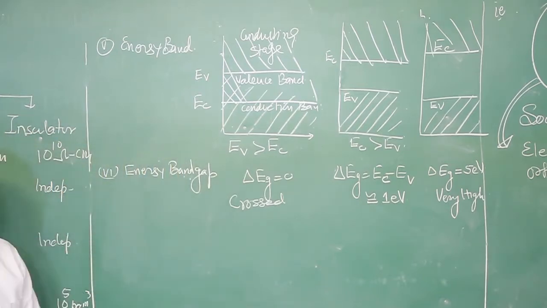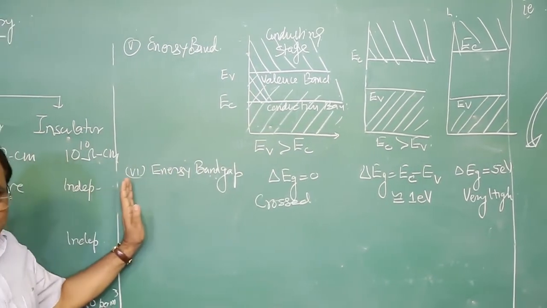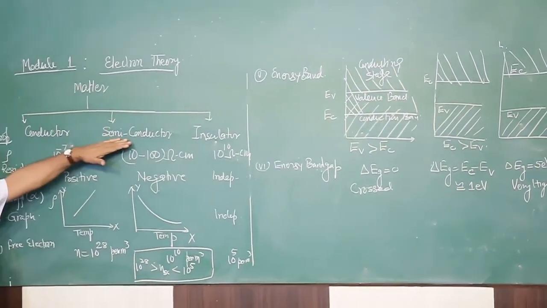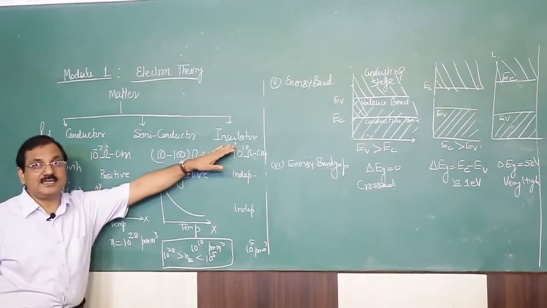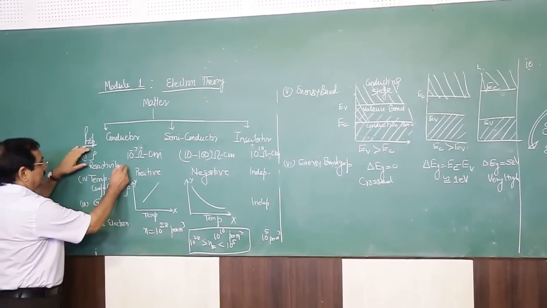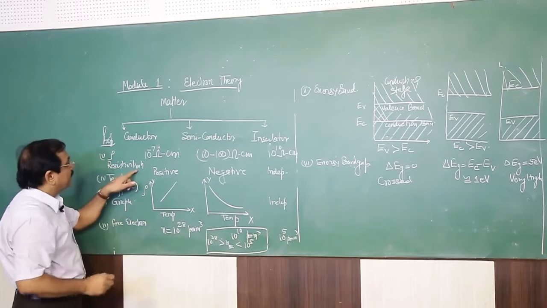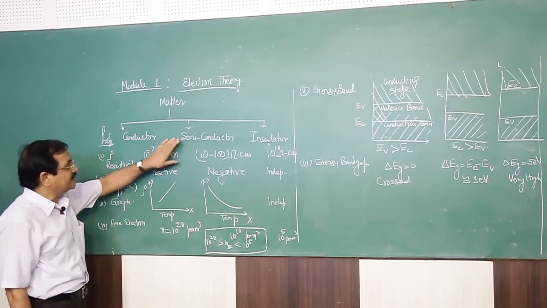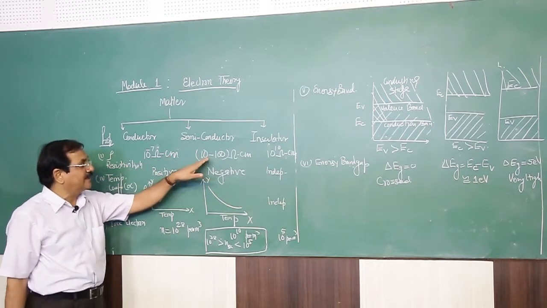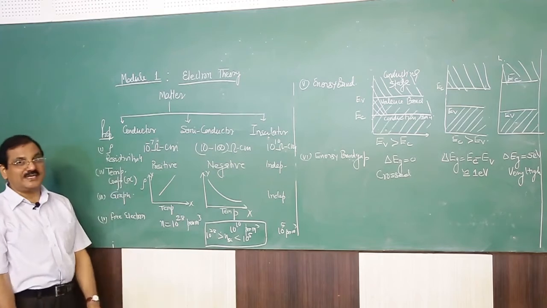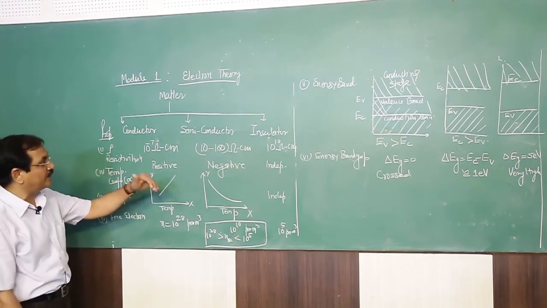So, on the basis of the properties of the conductor, semiconductor and insulator, on the basis of resistivity, this one is very low resistivity in case of conductor, in case of semiconductor 10 to 100 ohm centimeter, in case of insulator it is very high, 10^10 ohm centimeter.